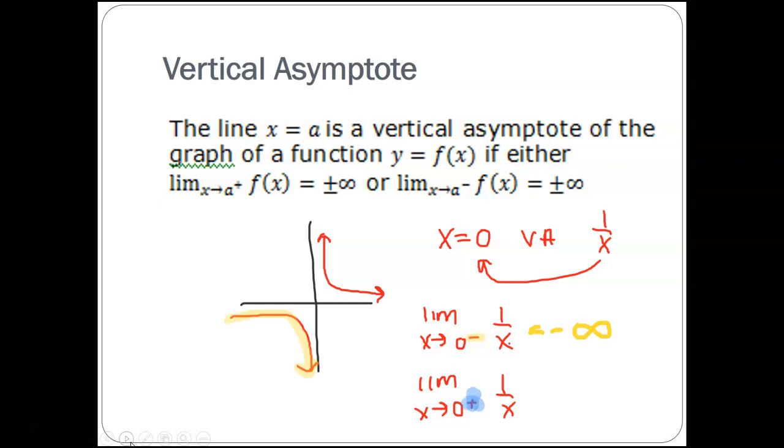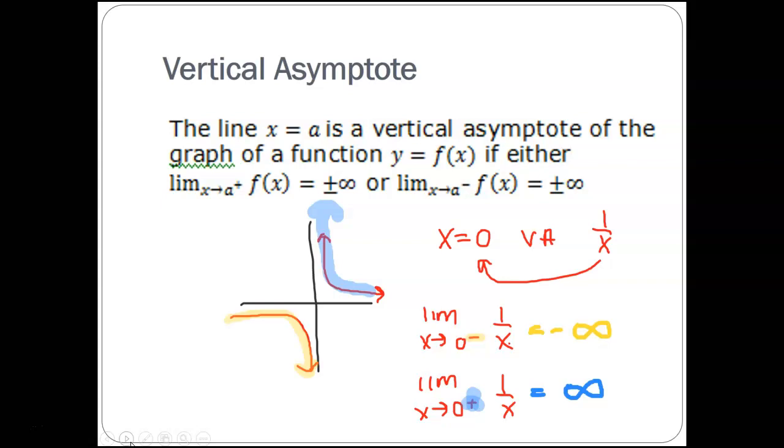As x approaches 0 from the right, the graph is going up and up and up. So the limit as x approaches 0 from the right is positive infinity.